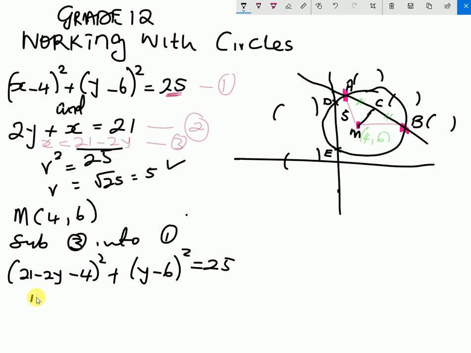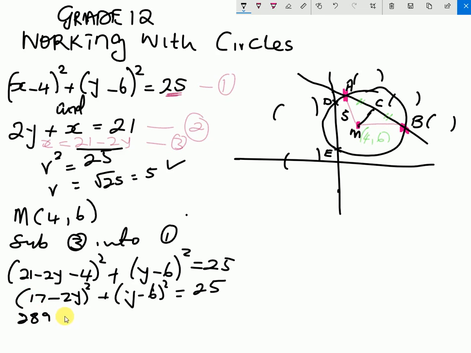So (17 minus 2y) all squared plus (y minus 6) squared equals 25. We can sort this out, people. I'm telling you, we can sort it out. This one is 289.